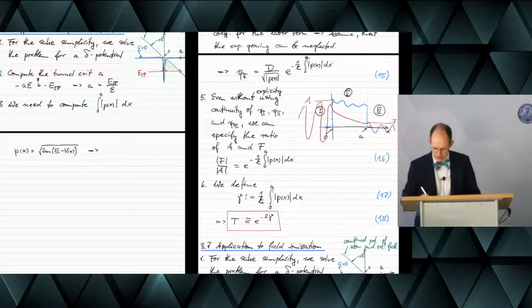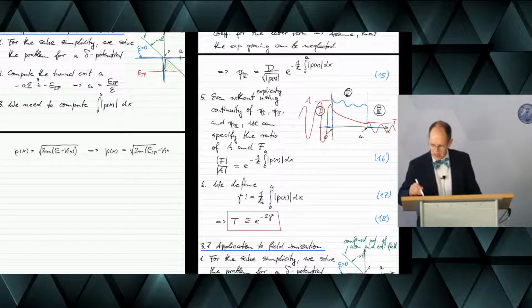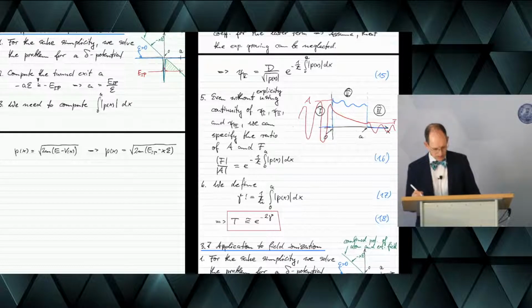Which in this case means that px, for E we plug in the ionization threshold, EIP, minus V of x, which is minus x times E. So we assume here a constant field.